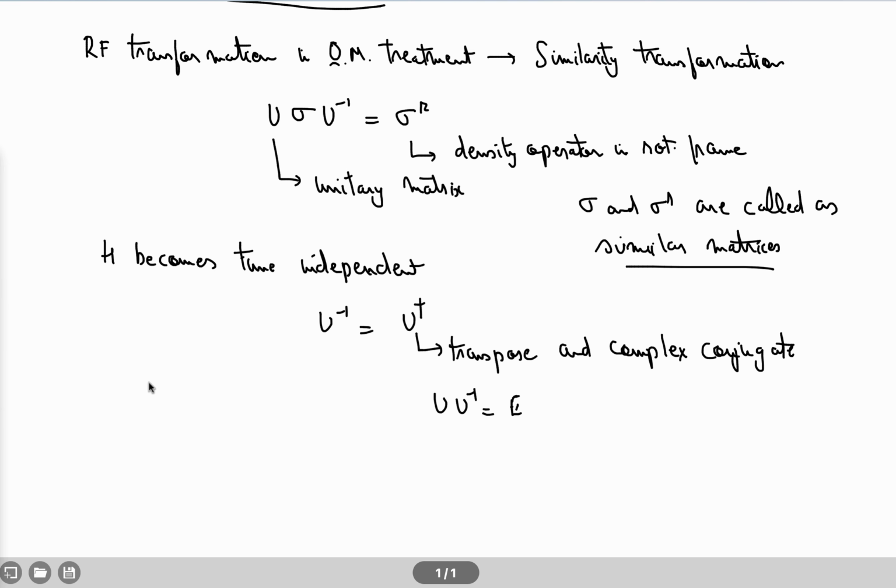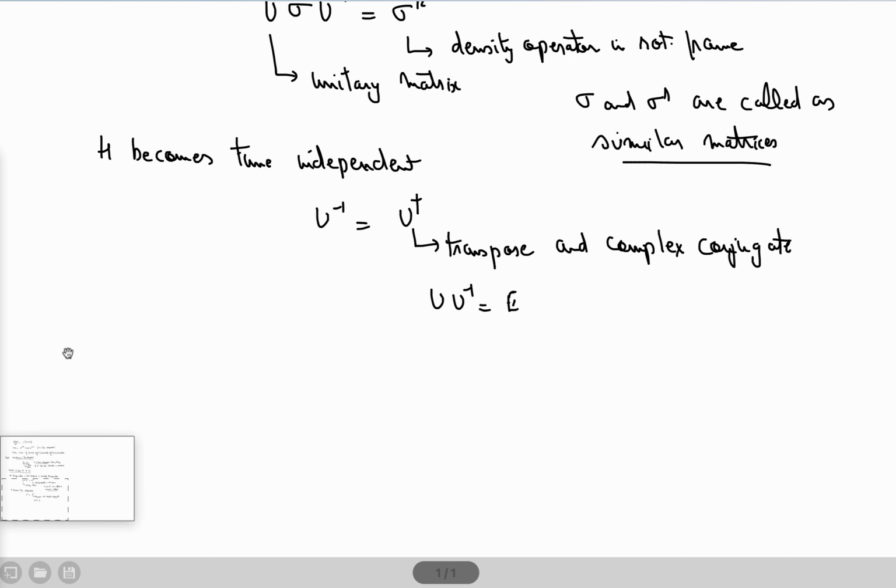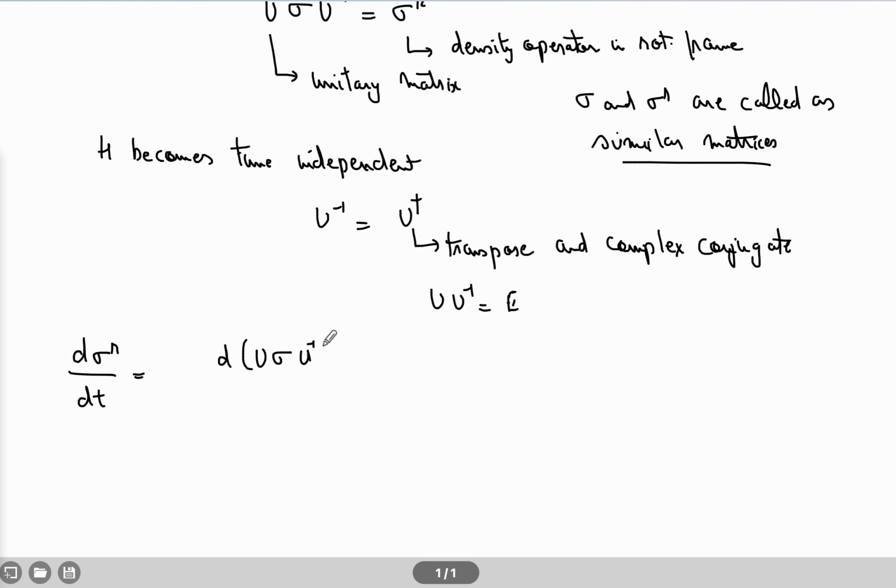Okay, so let us now see the time derivative of the transformed density operator. Let us try to do that and see if we can actually get to a similar form as the Liouville-von Neumann equation, the original equation. So this will be given by d(U sigma U inverse)/dt, and now I can expand this.